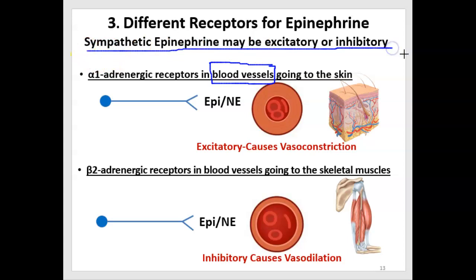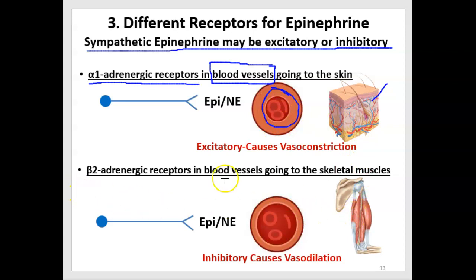The sympathetic nervous system sometimes is excitatory, sometimes inhibitory, sometimes causes vasoconstriction, sometimes causes vasodilation. So in the skin, blood vessels have these alpha adrenergic receptors. When epinephrine binds to those receptors, you get excitation and contraction, so less blood flow.